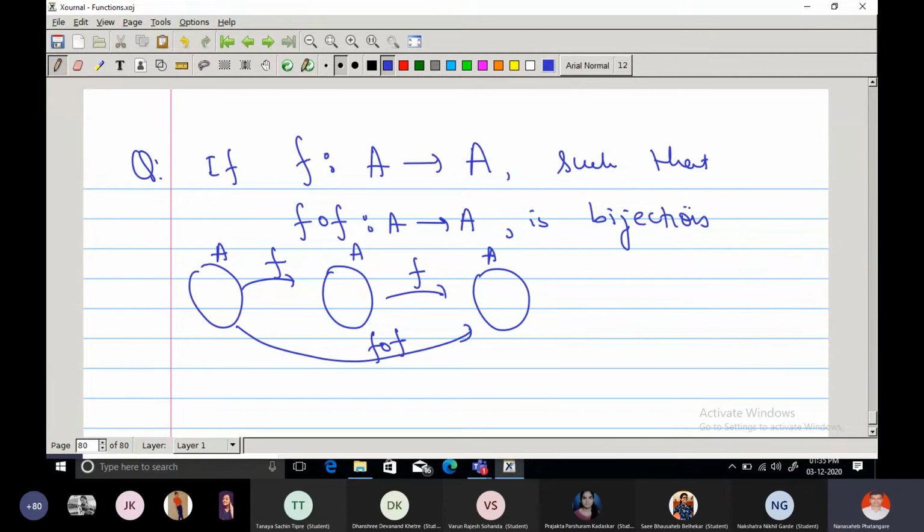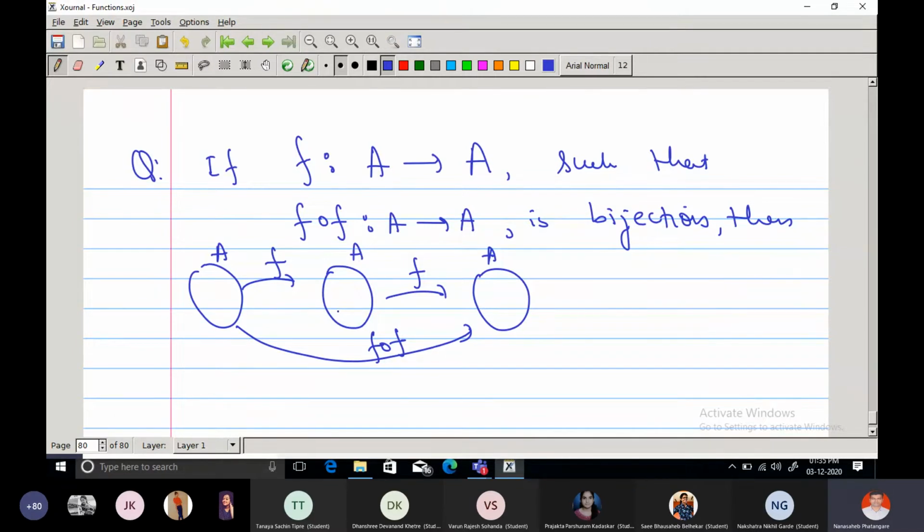Then what happens? By previous statements, what can you say about this? Just go to the previous statement.